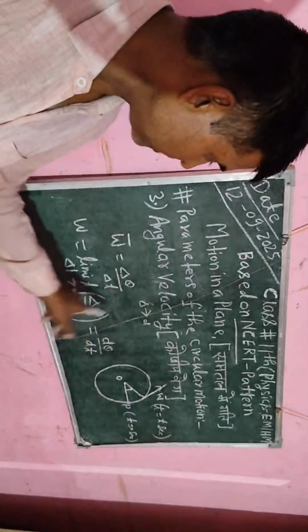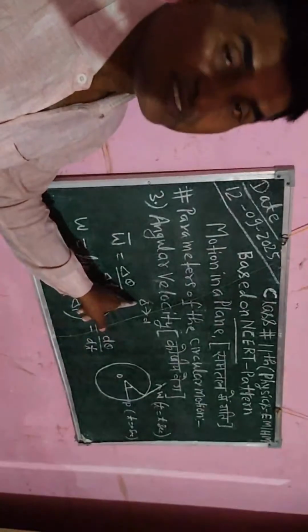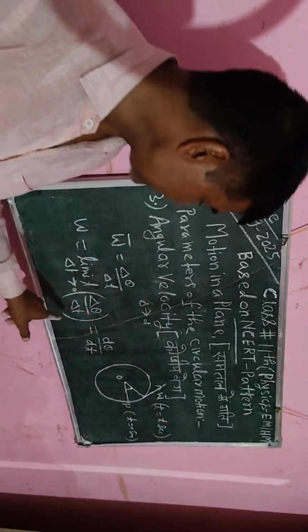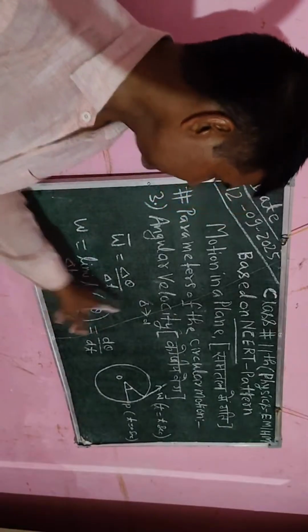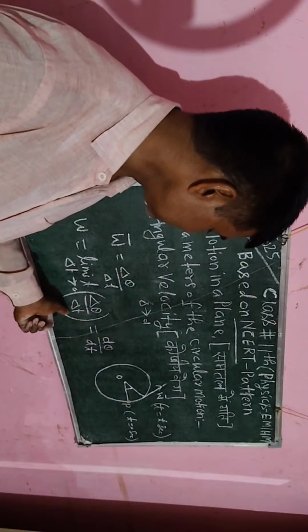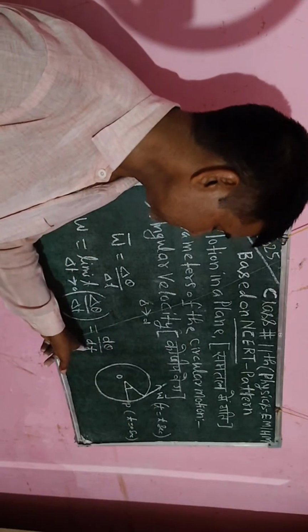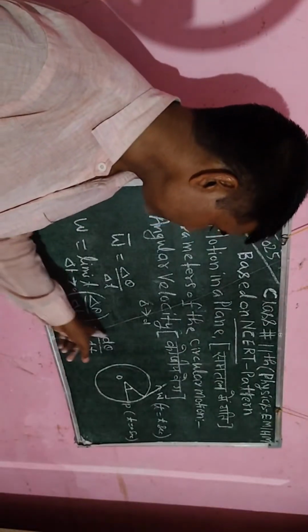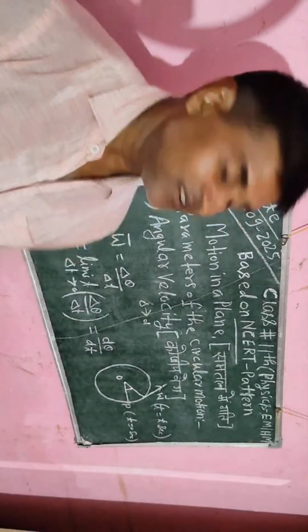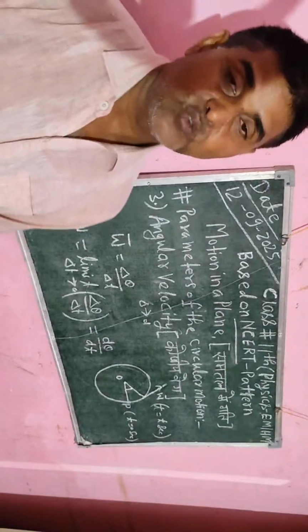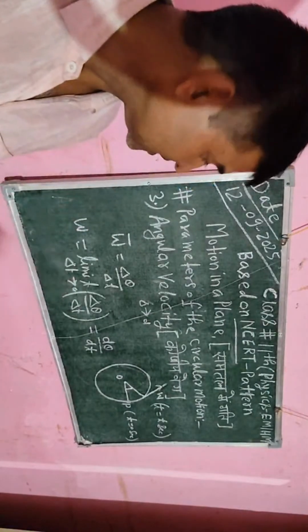Delta theta is the change in theta, and delta t is the change in time, which can also be represented with a small d. After simplifying, I write d theta divided by dt as the angular velocity. I hope you are understanding all these concepts easily.